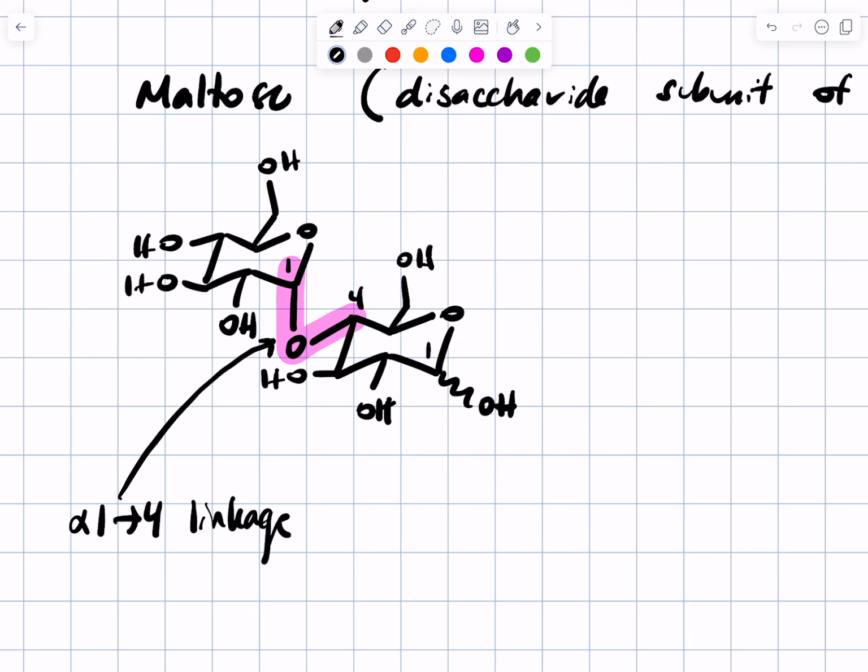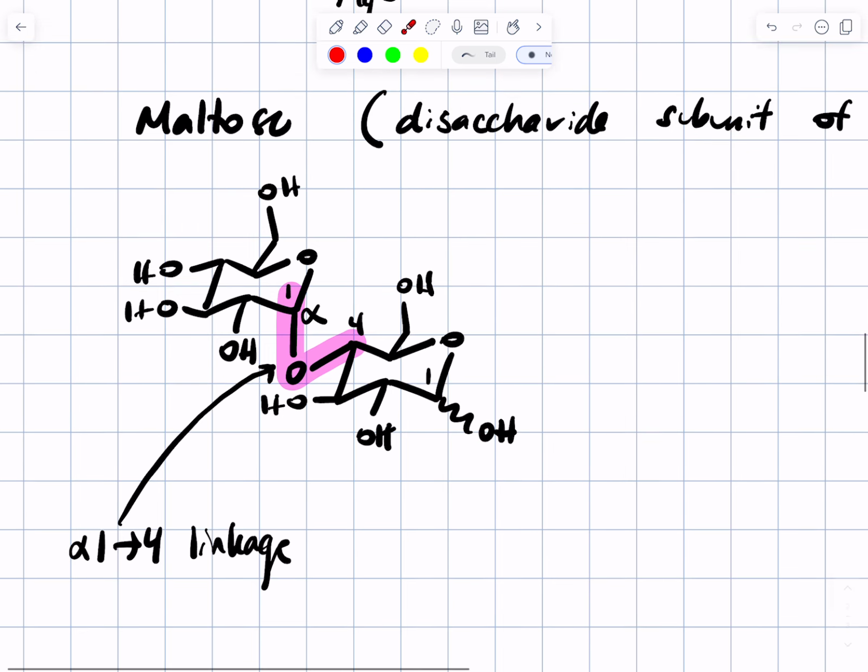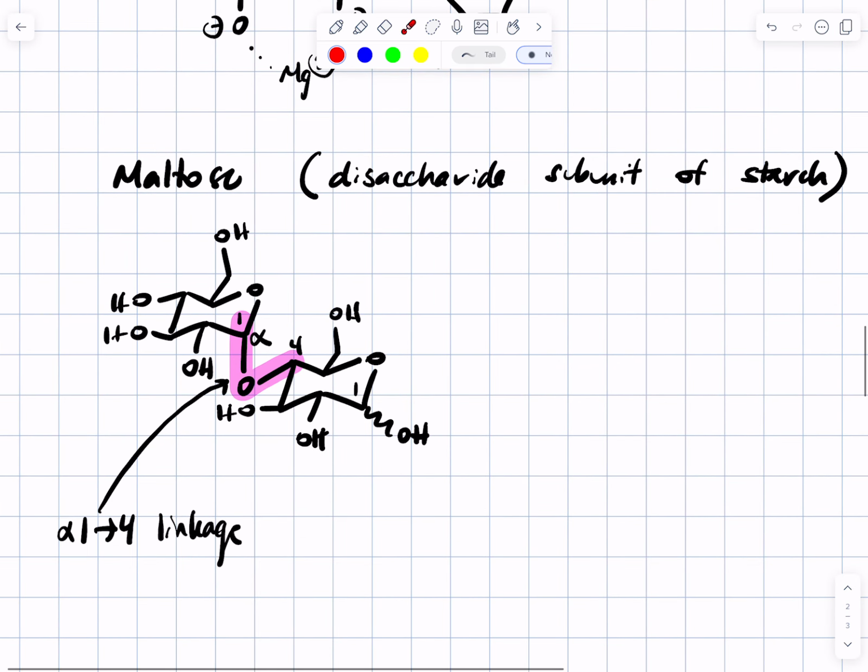Do you have to name the second one? No, you don't. The alpha refers to the configuration at the anomeric carbon that's involved in the acetal. So we can be general and just put a squiggly line on the reducing end of the sugar because we don't know what the configuration of that one will be. And that is an alpha 1,4 linkage.